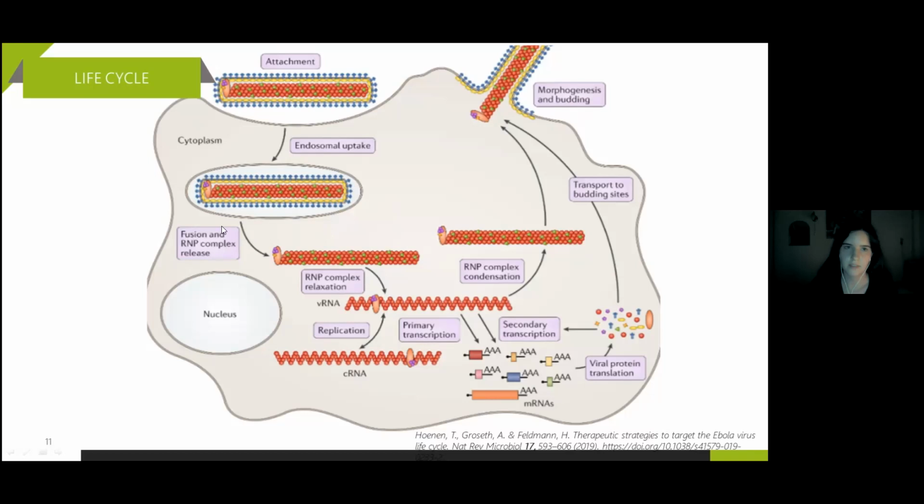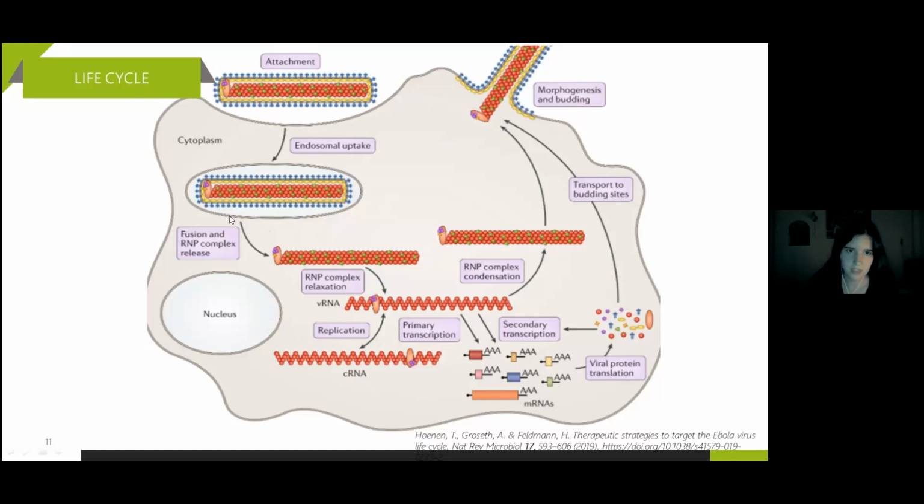And that is done again through the glycoprotein, which is cleaved after the attachment into its fusion-ready form. And after cleavage, it interacts with host transporters, such as NPC1.